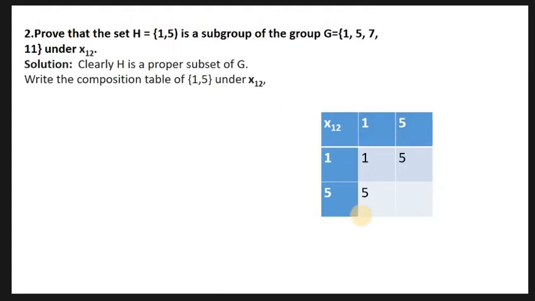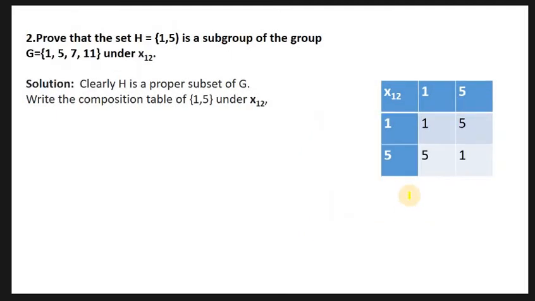So let me fill that 1, 5, 5. Then last row is 5 fives are 25. In 25 we have to subtract the nearest multiple of 12, because with respect to multiplication mod 12 we are writing the composition table. So 5 fives are 25, nearest multiple of 12 is 12 twos are 24. So 25 minus 24, so the last element is 1.